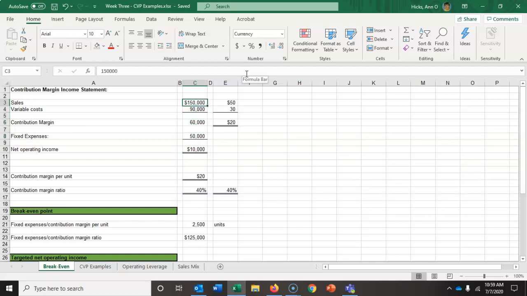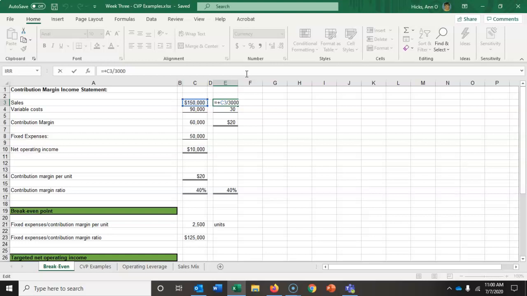Then over to the right, I have included the per unit data down to contribution margin. Keep in mind, per unit data for fixed expenses is less than relevant since fixed expenses by definition remain the same regardless of the level of activity. So again, this is a similar example to what we went through in week 1.